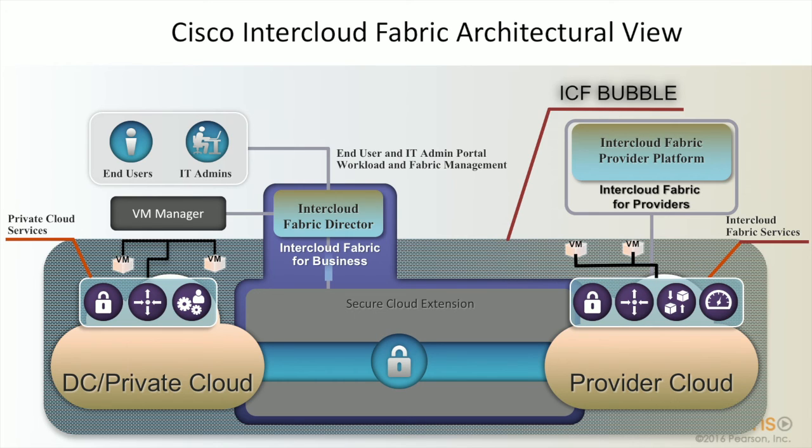That is what creates that bubble environment, giving you a very secure environment, allowing you to extend your policy and your requirements for compliance and any other types of issues you may have, to ensure that you have taken care of. You can now provide that with a public cloud environment.